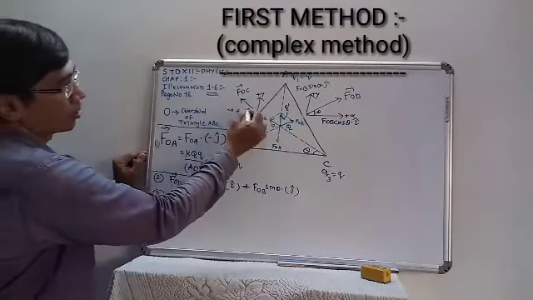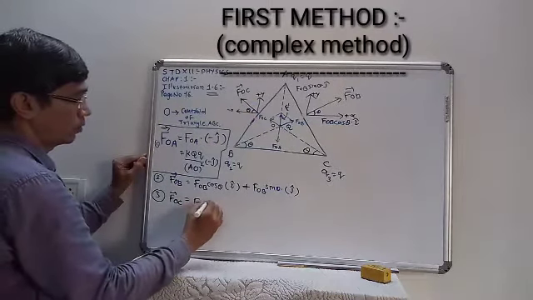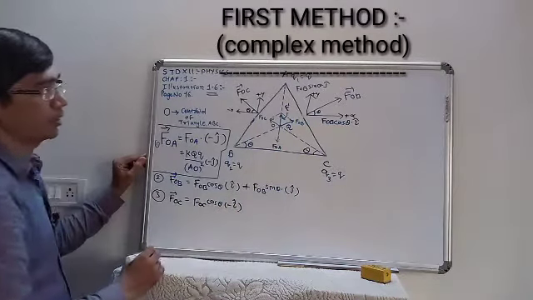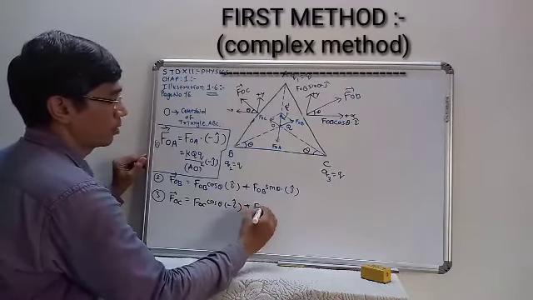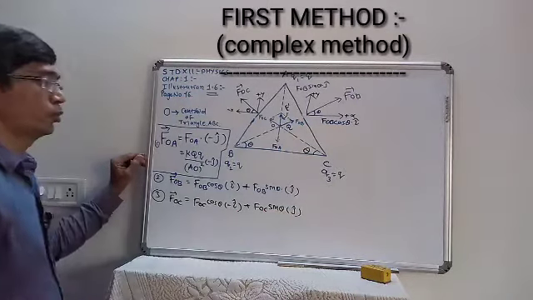So the components are given by FOC cos theta into minus unit vector i plus FOC sin theta into unit vector j.